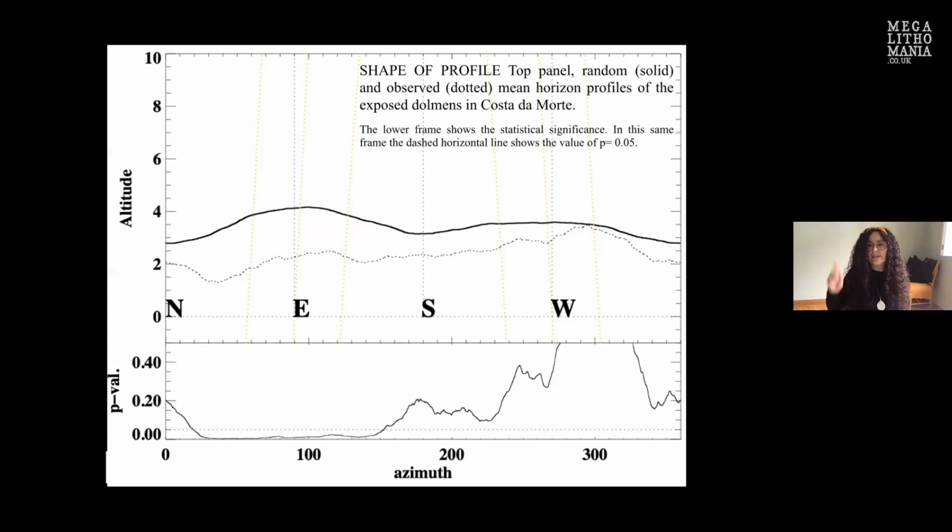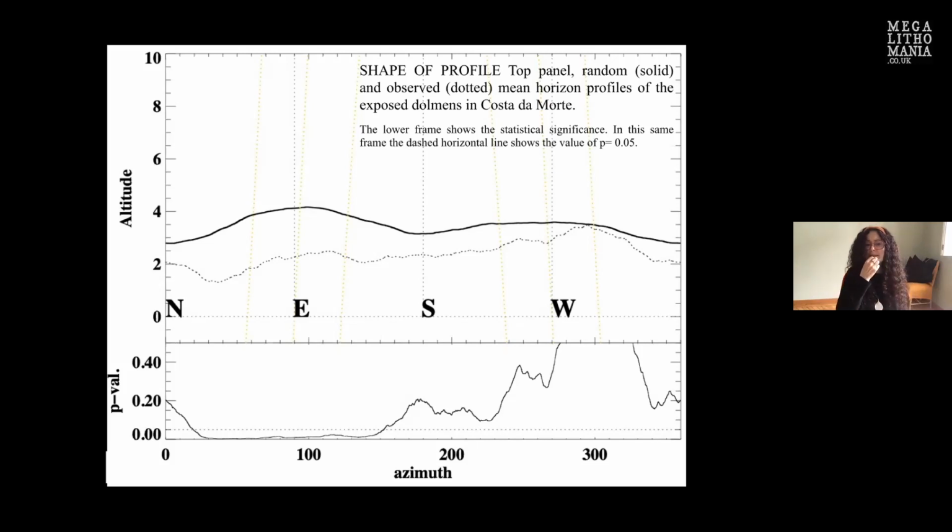Okay, we're looking at the shape of the horizon profile. The very top line, the dark line, bit of science here, the dark line at the top shows you the average horizon shape in Galicia. So we've got a higher horizon in the east than in the west. If you look at the north, south, east, west, you look at the black line.